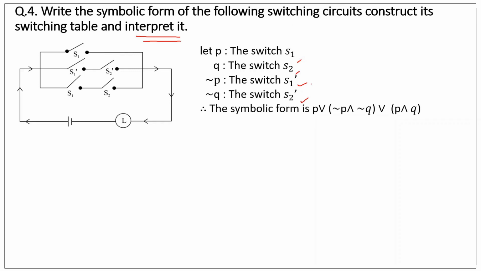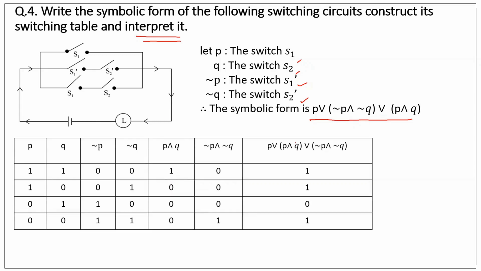Therefore symbolic form is P or negation P and negation Q, or P and Q. Now you know how to write the symbolic form. Now we make a table which is switching table. So take P, Q, negation P, negation Q, P and Q, negation P and negation Q, and last will be the whole statement. Make a switching table.